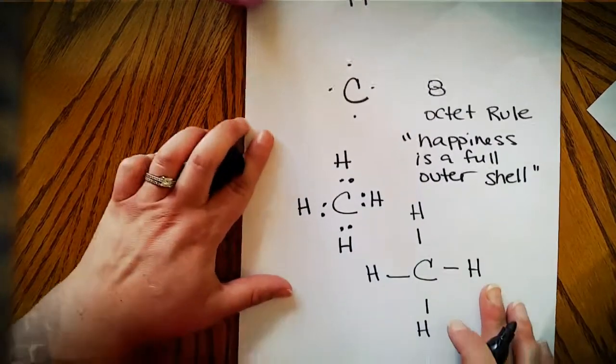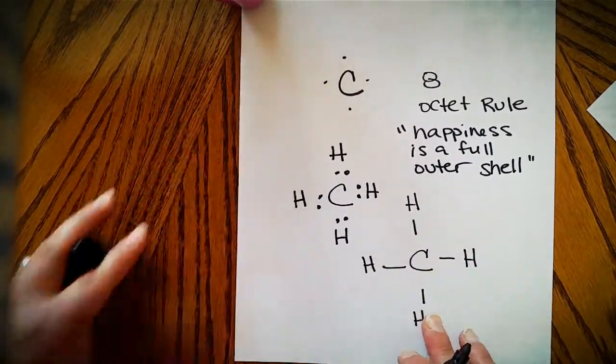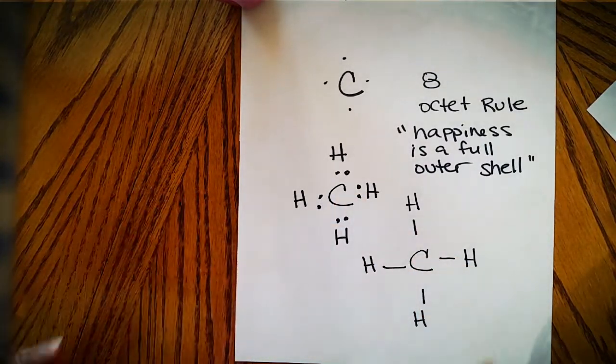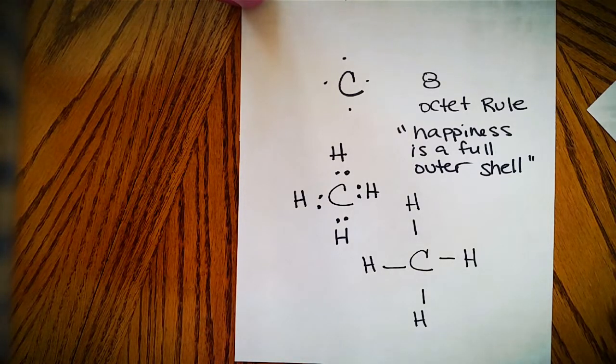Okay, so here is our carbon with the 4 hydrogens around it. So this structure and this mean the same thing. Typically, you will see it drawn with the lines. Okay, so because carbon has 4 valence electrons, it can have a total of 4 bonds.